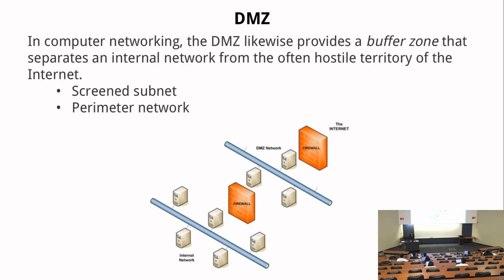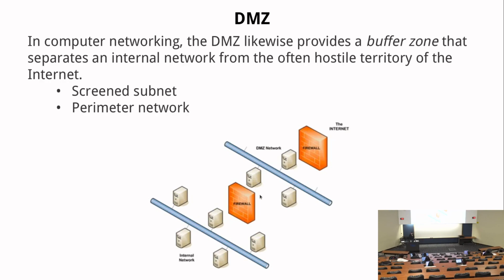So let's say we have the outside network, which is the internet, where there could be all kinds of malicious packets going on. Then we have the DMZ network, which is also under some kind of firewall policy, but the policy will not be that strict. We will allow more packets to go to the DMZ network.